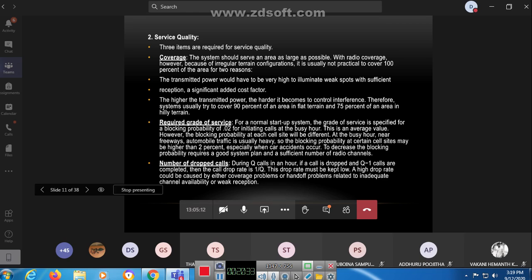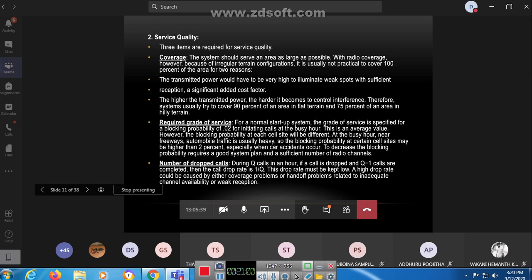Next, required grade of service. What does grade of service mean? Generally, take a paper for writing an exam. How do you write the exam? You can't write from top to bottom. Why? Because you keep margins of 2.5 inches.